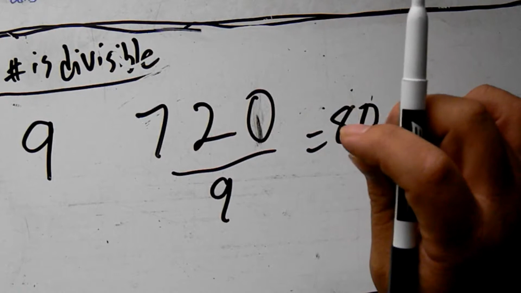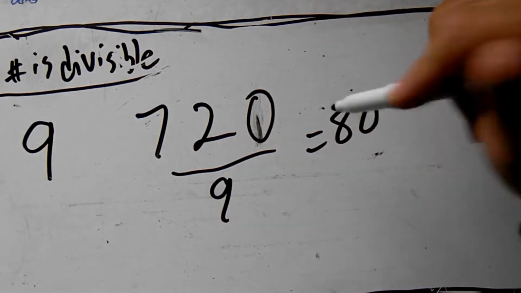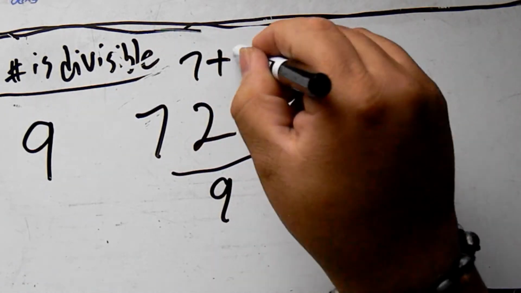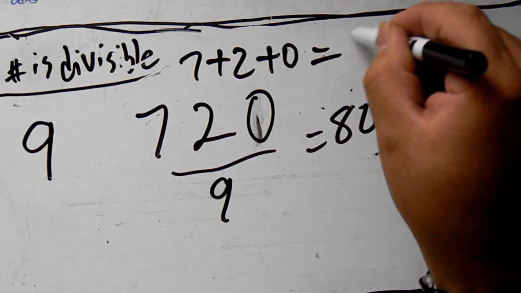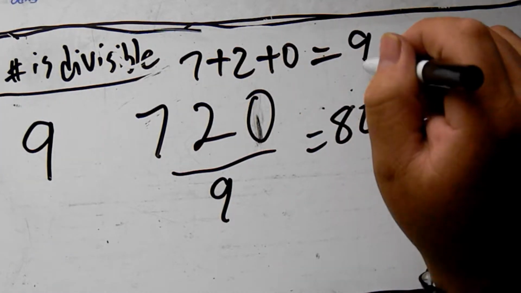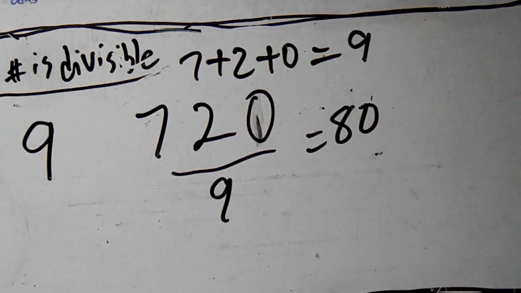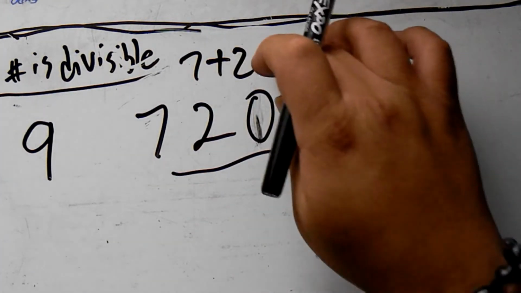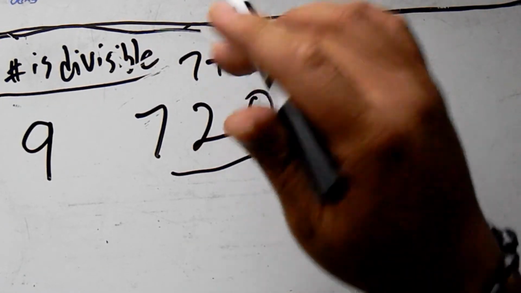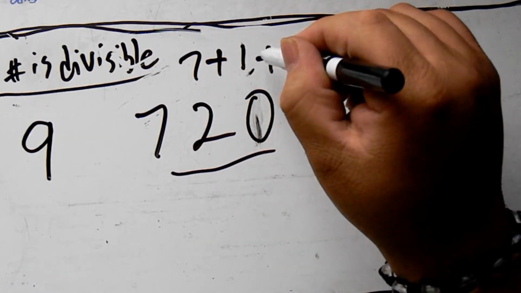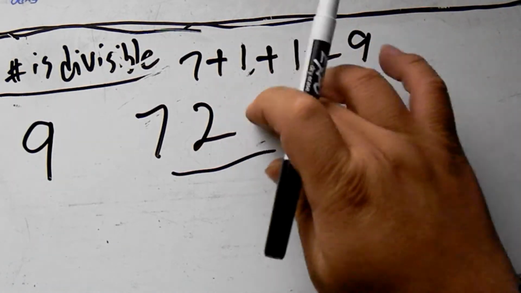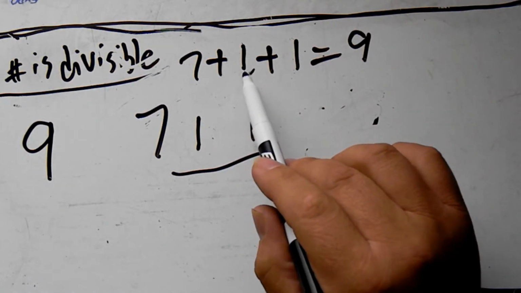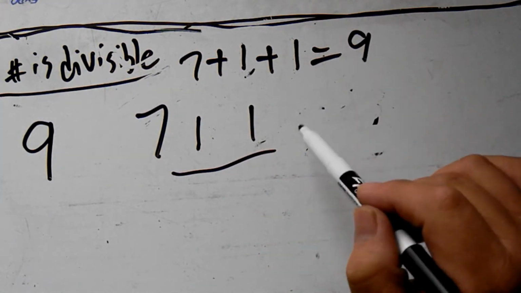So this is an easy rule as long as you can accept it. If 7 plus 2 plus 0 is equal to 9, then we can divide it by 9. So let's test it out. Let's change this to 1 and this to 1. So it would be 711. 7 plus 1 equals 8 plus 1 equals 9.